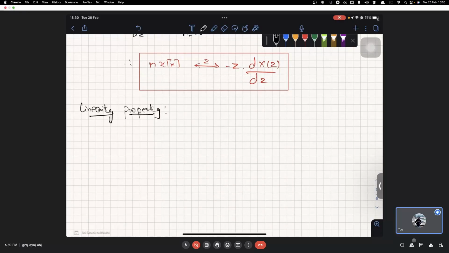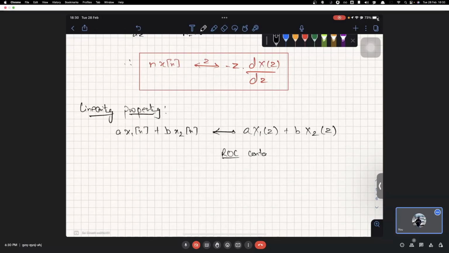It states that if we have a times x1 of n plus b times x2 of n, this is equal to a times X1 of z plus b times X2 of z, and the ROC contains the intersection of the ROC of X1 and ROC of X2, which is at least the intersection; it can be larger, right?